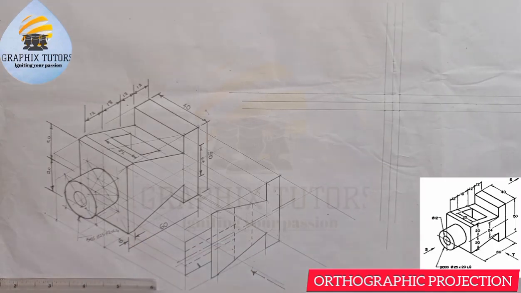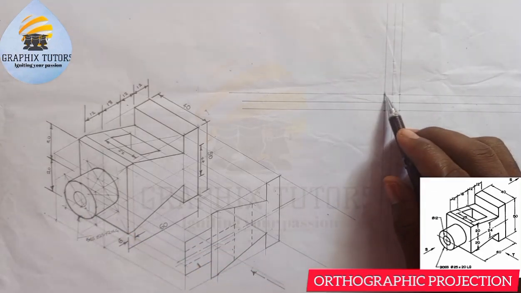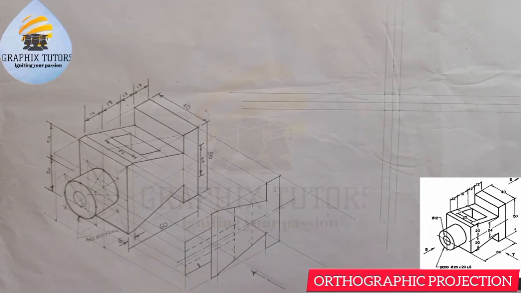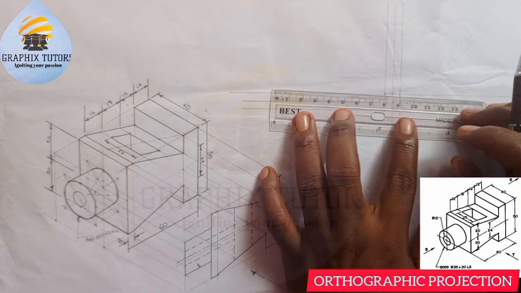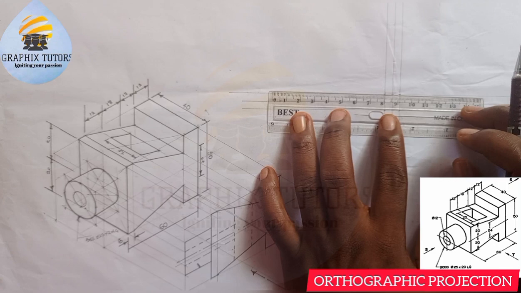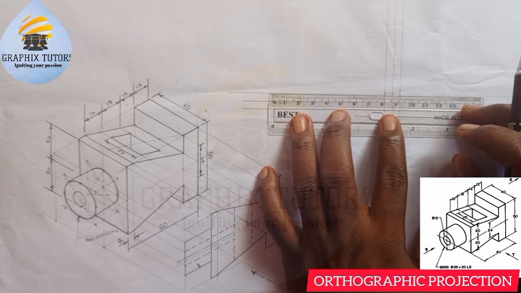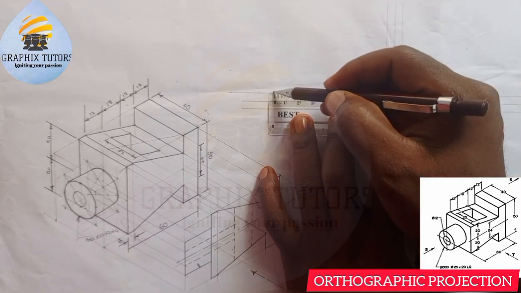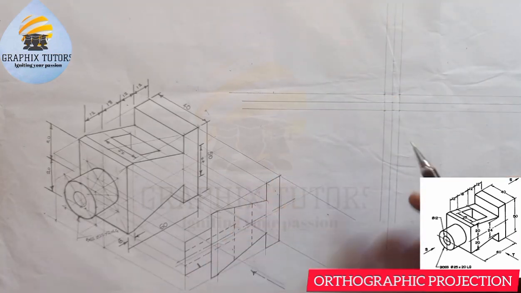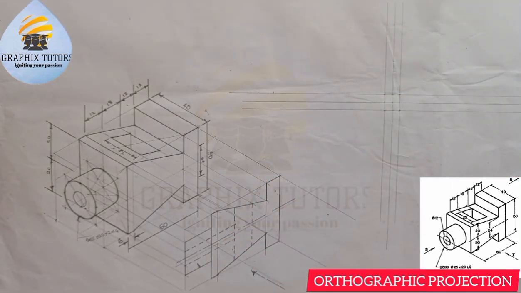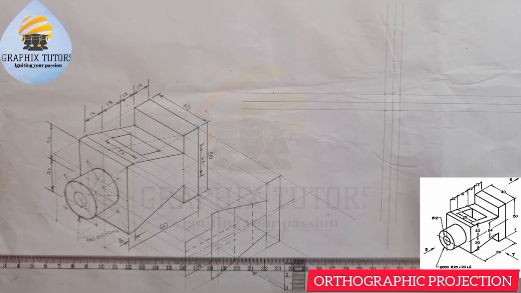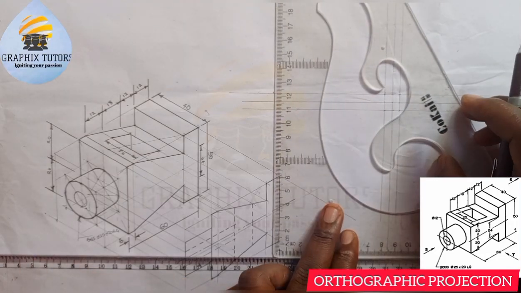So the length is 20. 20 plus 60 is given to be 80. So I'm going to measure the length of 80. Can I place it this way? I'll measure the length of 80, and I'll take my set square and take it up.